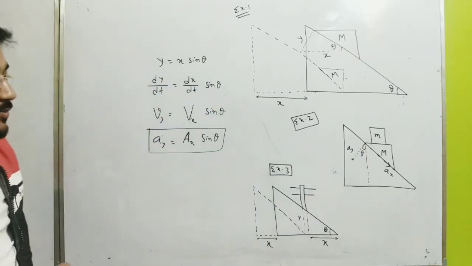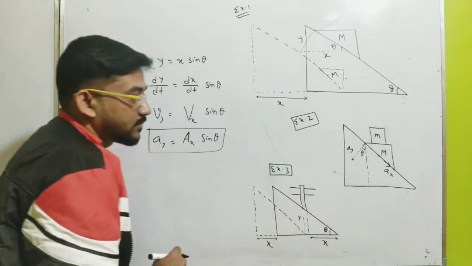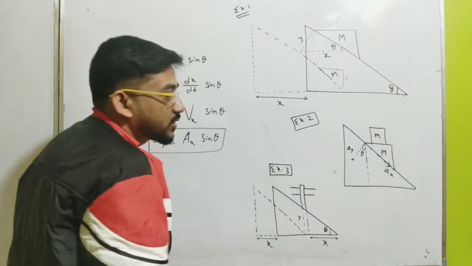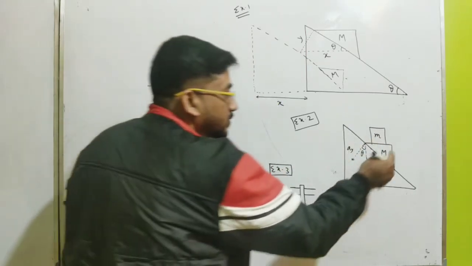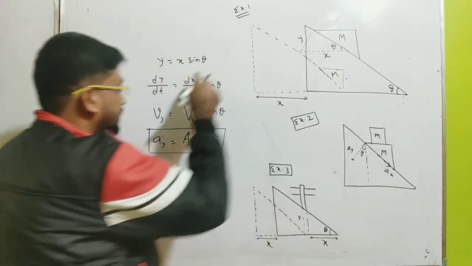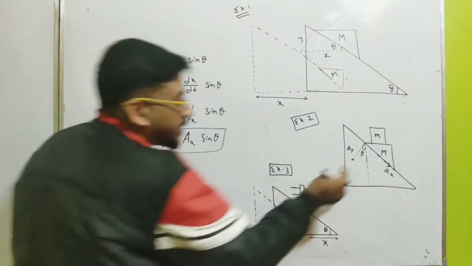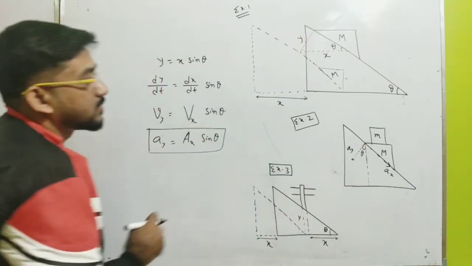Here we have to find the acceleration of this mass small m, and you can see that its acceleration totally depends on the motion of the mass capital M, which we have discussed here. So we can use this result. Along this direction, what is the acceleration of this block?